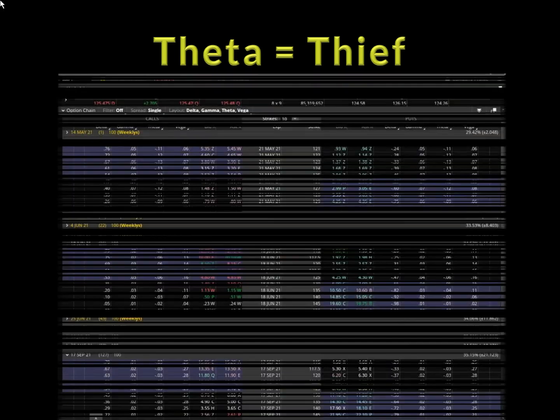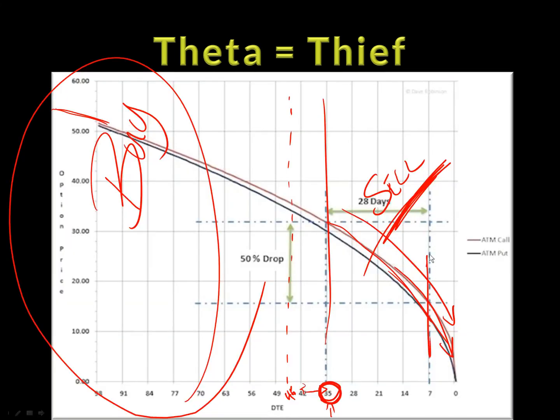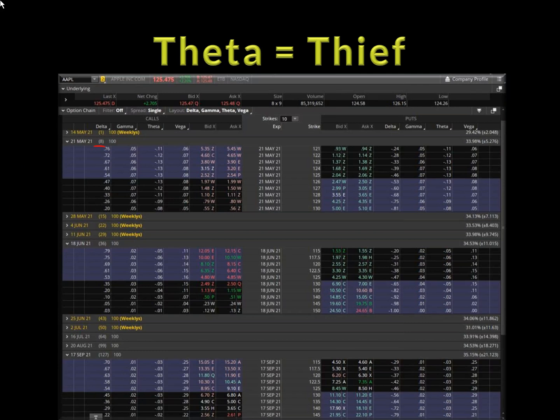We can see in an example like this with an Apple example, inside of 8 days, that real drastic drop off. This is 7 days, right? We really see that massive drop off. But when we look at going from 36 days to that 8 days, this is generally what's going to happen with our theta. You can see it's always negative. Every single night, theta comes and erodes our premiums.